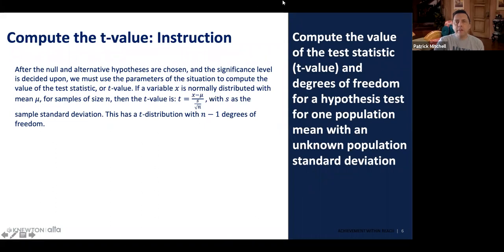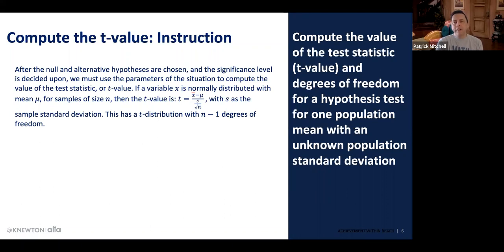And I notice a typo that they've had a couple of other times. Sorry, I didn't notice this before. That should be an x bar. That does not look like a bar. Let me try to fix that. Here we go. That's better. Okay. X bar minus mu divided by S over the square root of n.